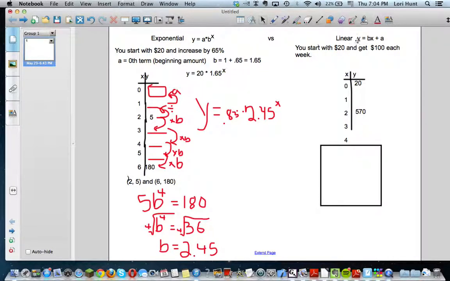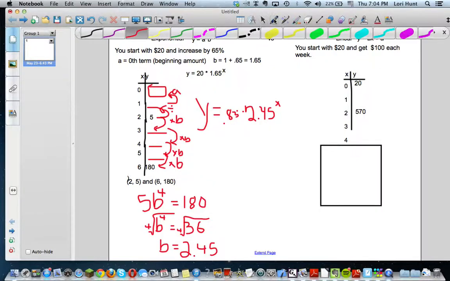So the main difference between linear and exponential is that instead of multiplying by a number every time to get to the next one, you add something. That's what linear is, you add. So 20 plus something is going to be the first term, and then that same thing plus something is going to be the 570.